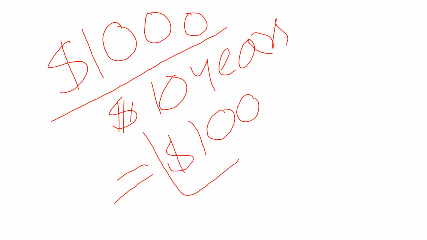So what we are doing, we are allocating this $1,000 over 10 years. So $100 per year, and we are assuming that the asset will be providing us the economic benefits evenly throughout the 10 years. Okay, but it may not happen always.